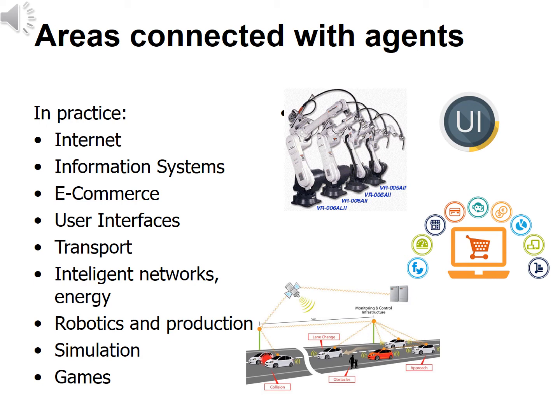You're going to find them in robotics and production. Usually robots are designed as agents, but also they are designed in multi-agent systems where different parts of robots are different agents and they interact with one another. You are going to use them also in simulation whenever you need to simulate an environment where you have multiple entities acting independently, and you already use them in games.